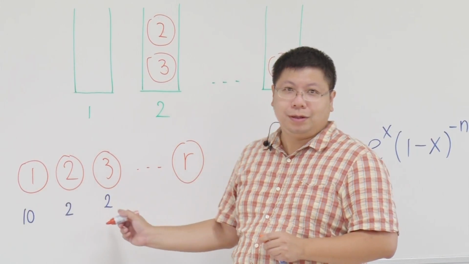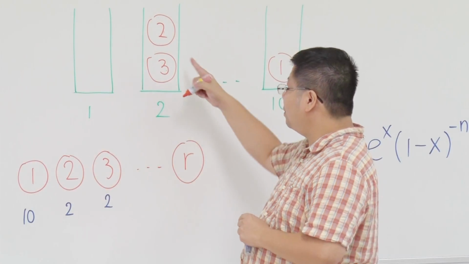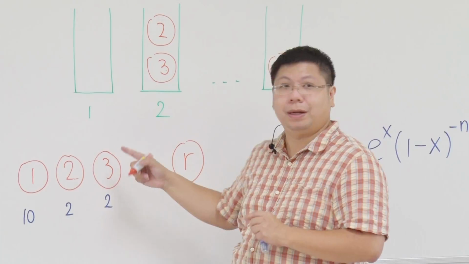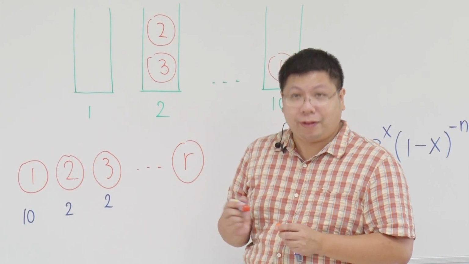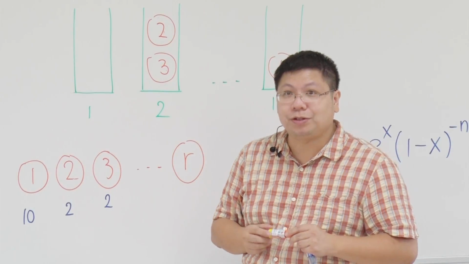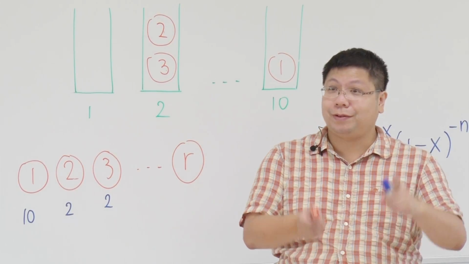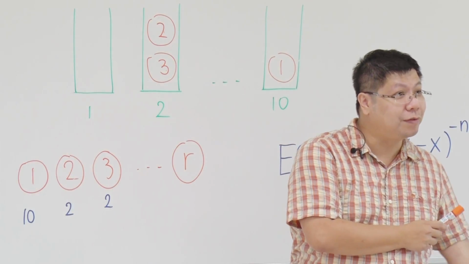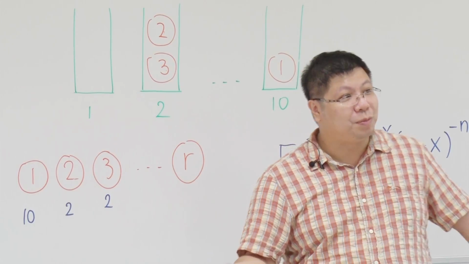We want to figure out which one belongs to 1, which one belongs to 2, which one belongs to 3, which one belongs to 4, which one belongs to 10, and then get the exponential generating function for case 1, for case 2, and so on and so forth. Is that okay? Now, if we can do that, that would be great.